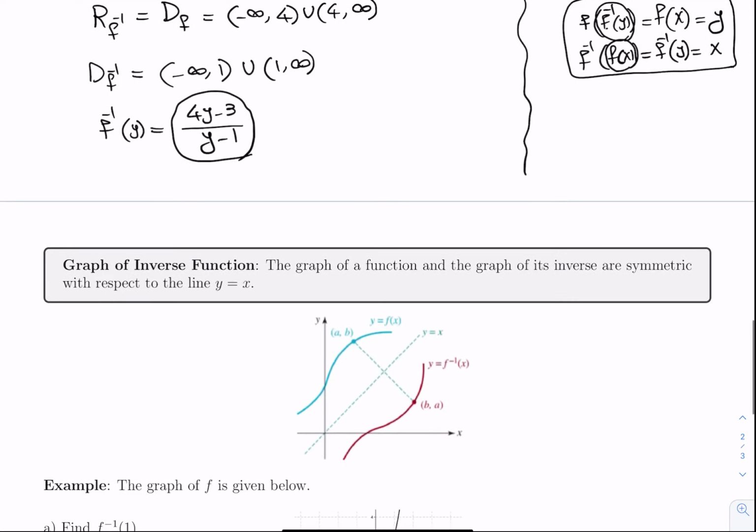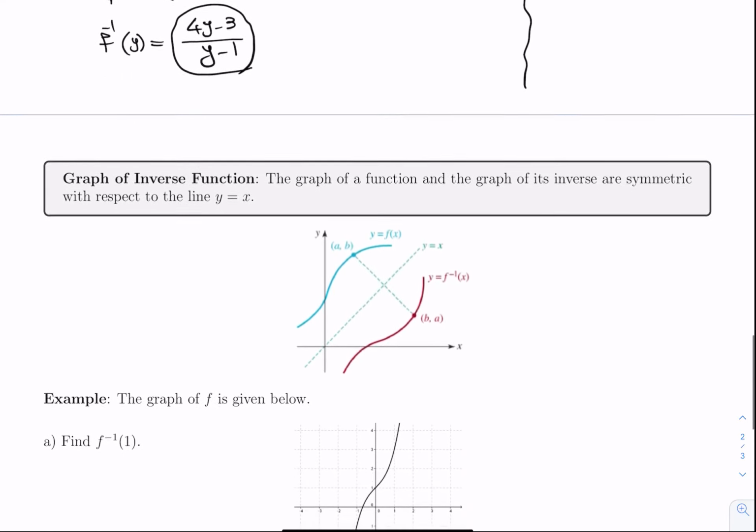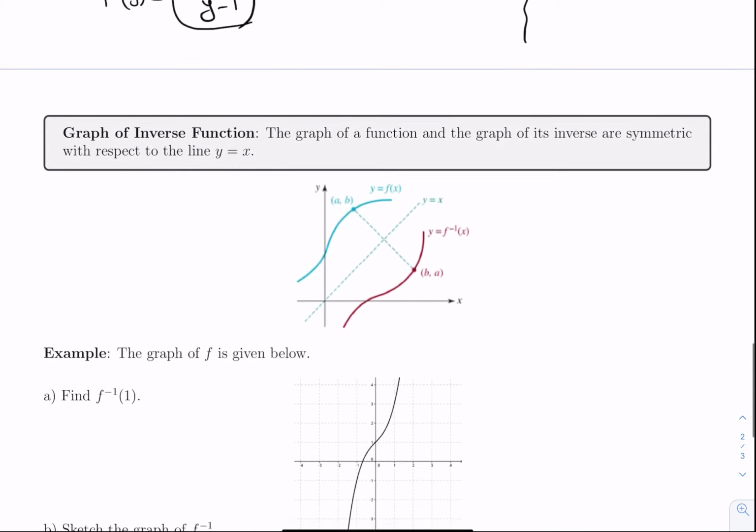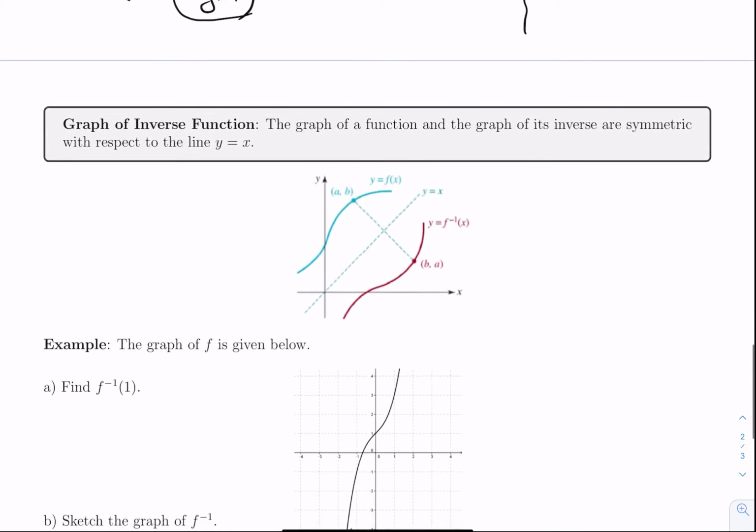Next, we'll look at the graph of an inverse function. Consider the fact that if f of x equals y, then f inverse of y equals x.